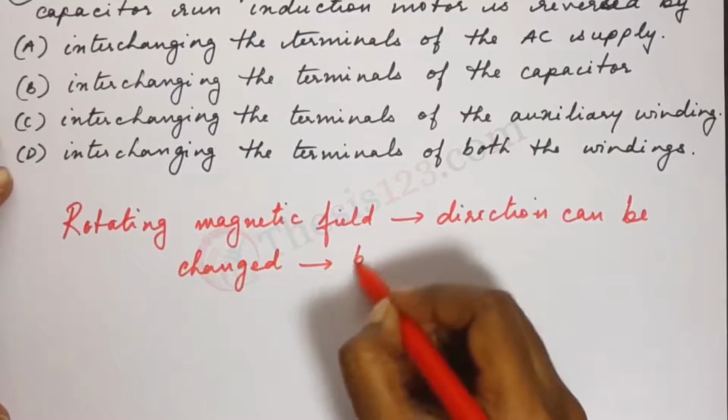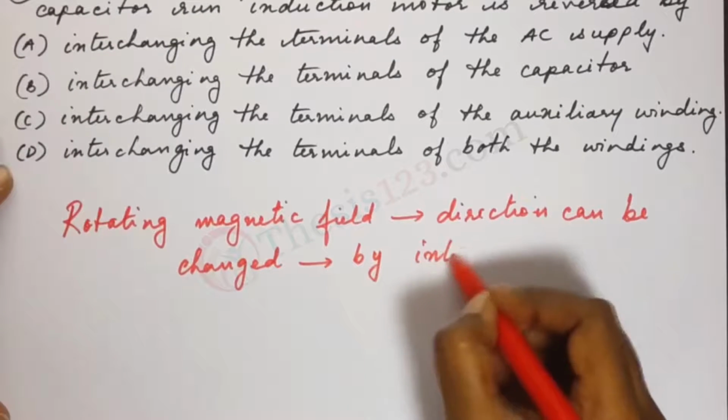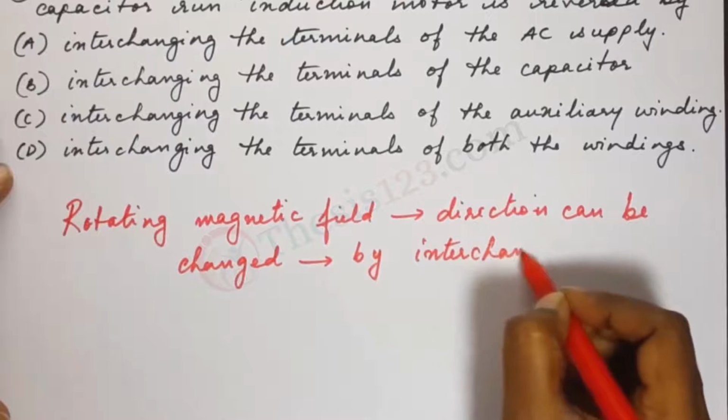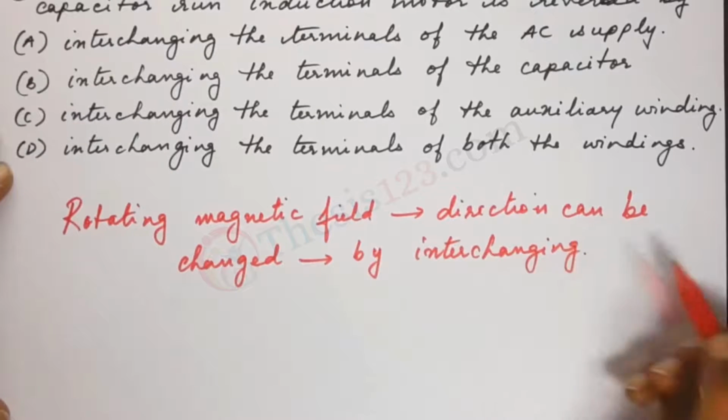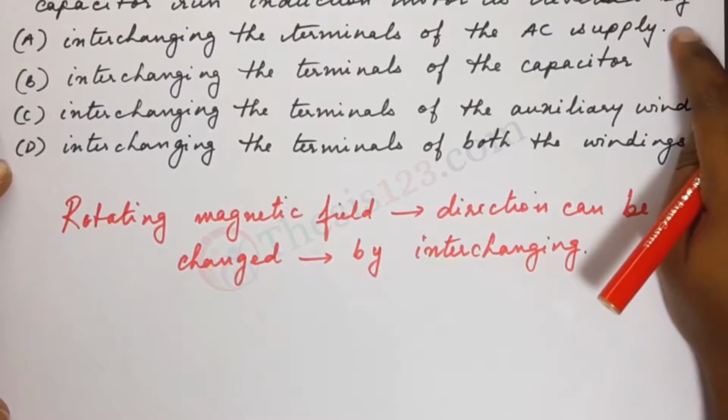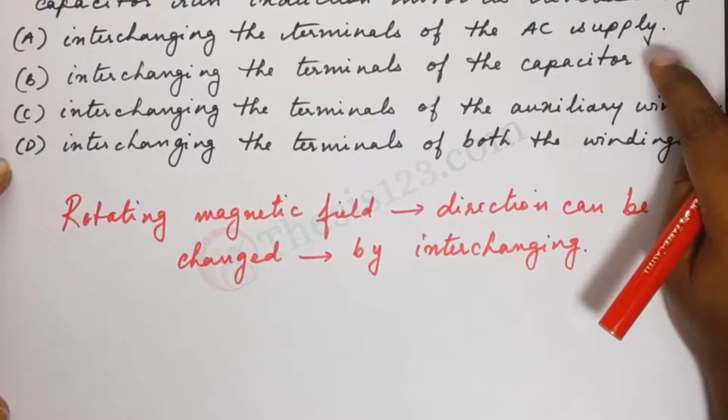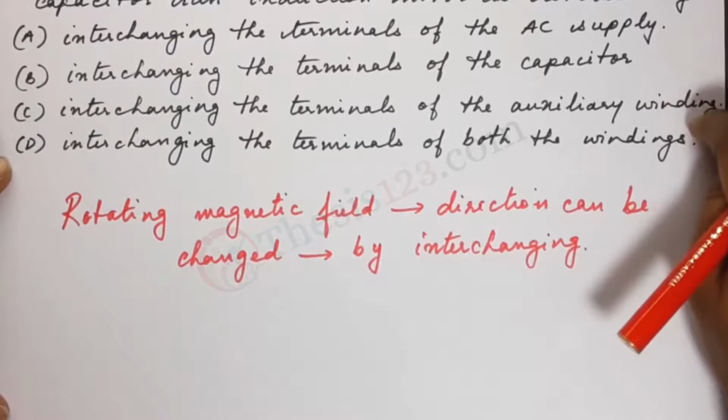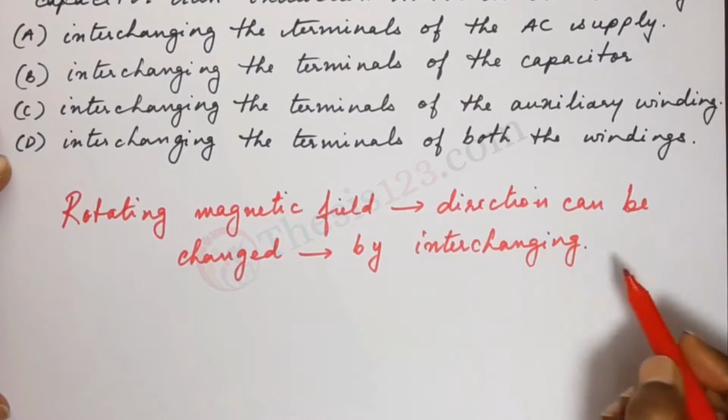And this can be done by interchanging not the terminals of the AC supply, not the terminals of the capacitor, but the terminals of the auxiliary winding.